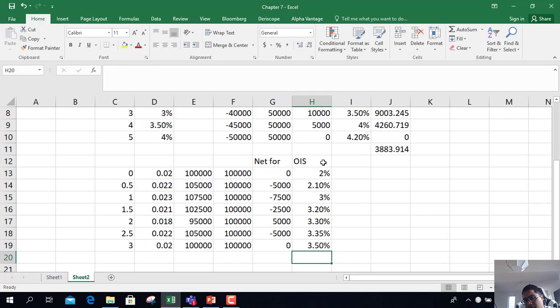So these are the netted amounts. These are the risk-free rates.